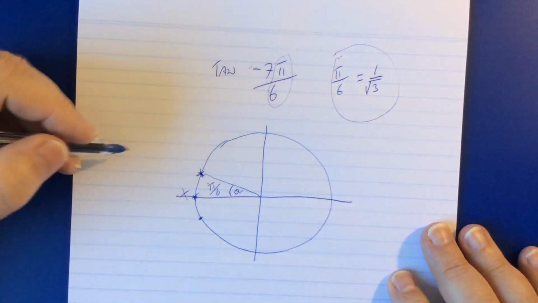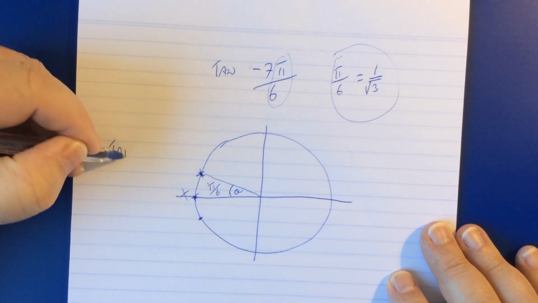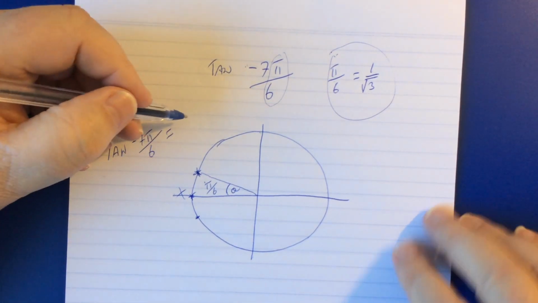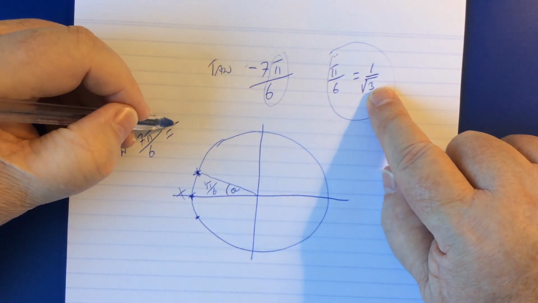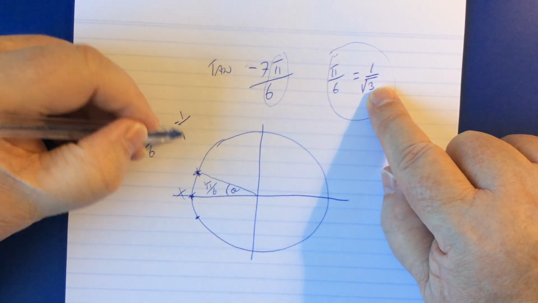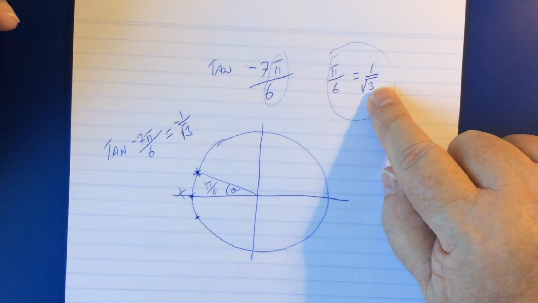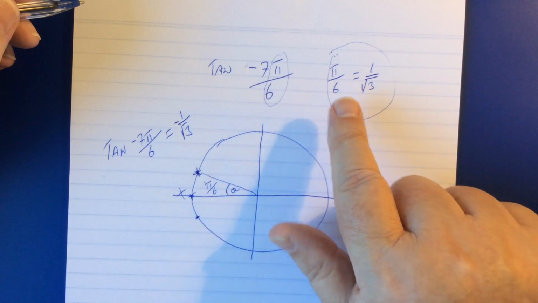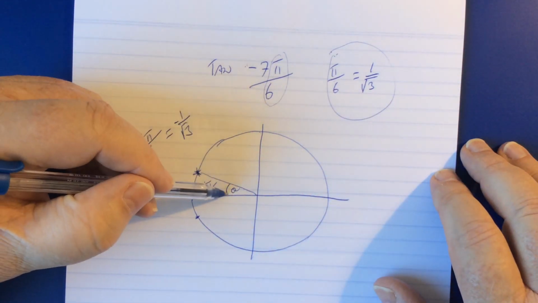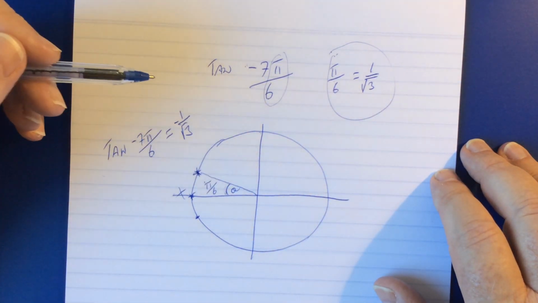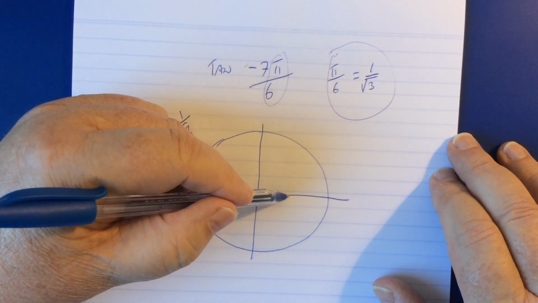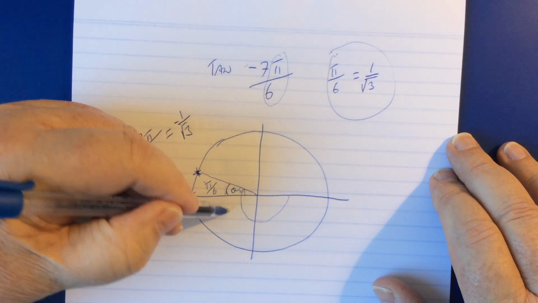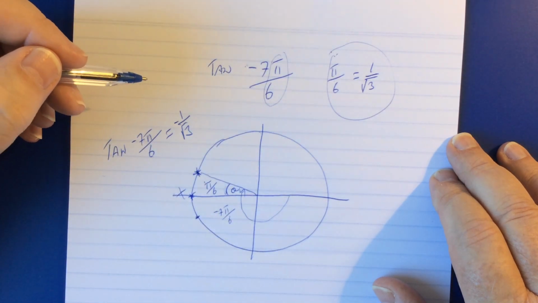So, what we can say is that the tangent of negative 7 pi on 6 is equal to negative 1 on root 3. Because this is the angle in here that we need to find. And this distance is negative 7 pi on 6.